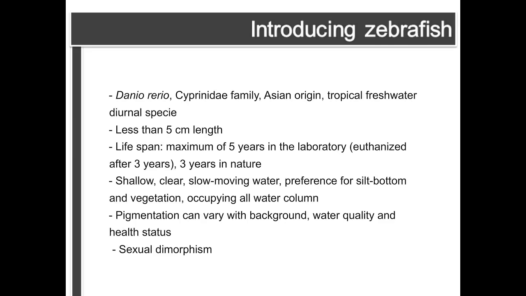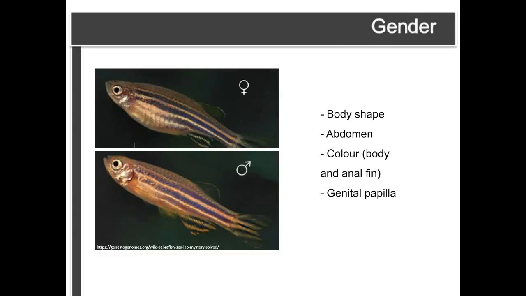It has some pigmentation that may vary with the background, the water quality, and the health status. It also has sexual dimorphism that you can see here: a female and a male. The body shape is quite different. The male is more slender, and the female has an enlarged abdomen because of the oocytes inside, though the female is not always in this state. You can also distinguish them by coloration.